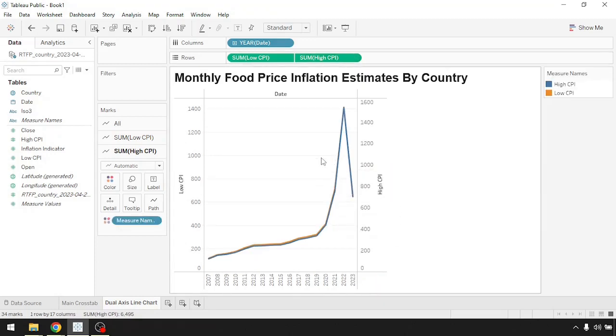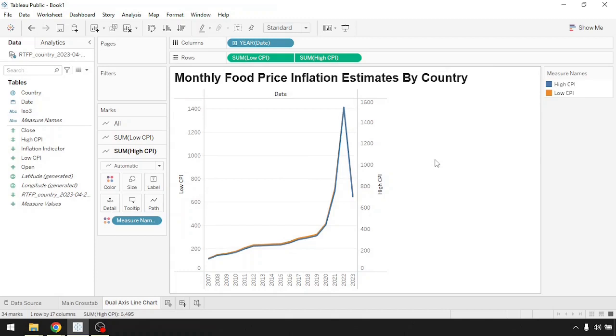And there you go. Because the low CPI and the high CPI economic indicators are similar, you will not see much difference in the line as they have the same trend. But what's very important is that we are getting two y-axes, one for the low CPI and one for the high CPI.